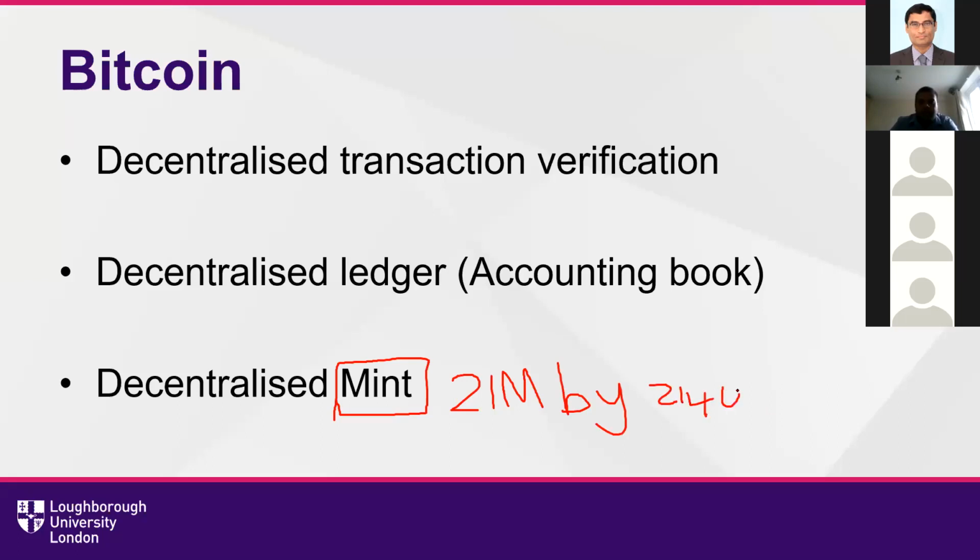Currently, we have 18 million Bitcoins. But by 2140, probably in another 100 years, we will have 21 million Bitcoins. So who is printing this? Digitally printing. Think about that. We will find the answers.